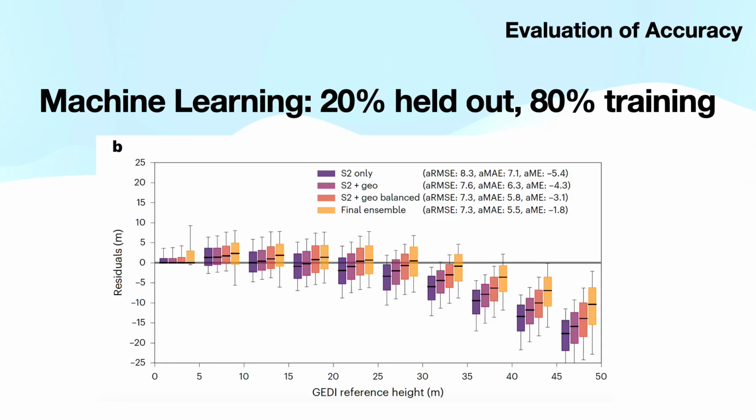In order to evaluate the accuracy of the global canopy height map, they held out 20% of their training data for testing, and 80% went to training. They found that at different GEDI reference heights, there are different residuals, which here is the difference between the estimate and the GEDI reference height, which they held as the ground truth.